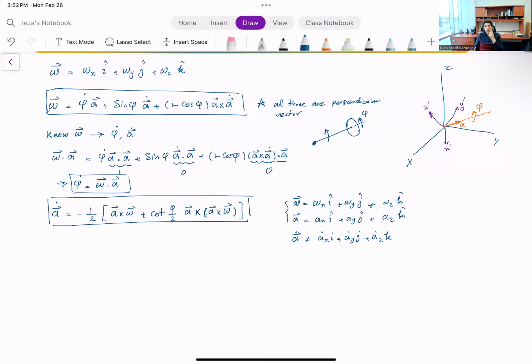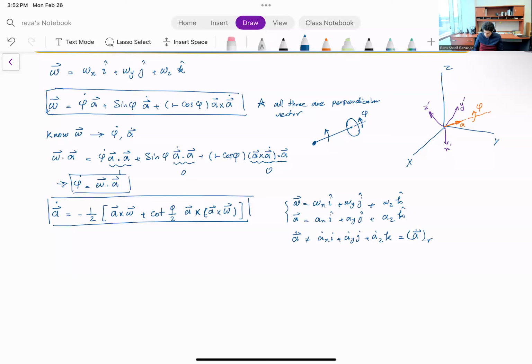These components, remember when we were talking about the kinematics chapter, this is A dot relative. The observer sitting on the rotating frame sees how this vector is changing, so this is the relative measurement.